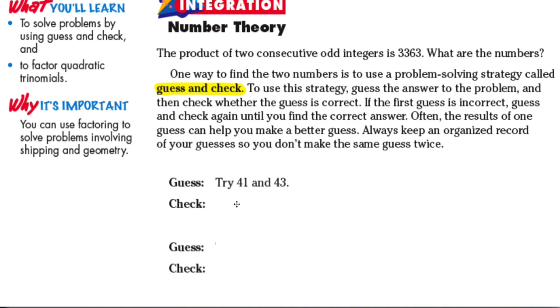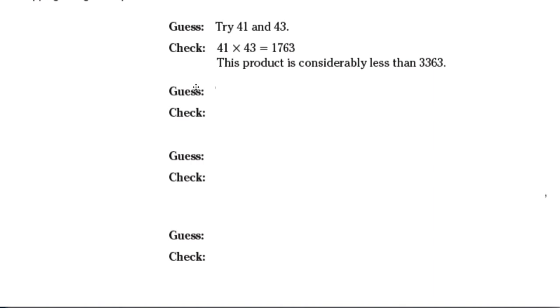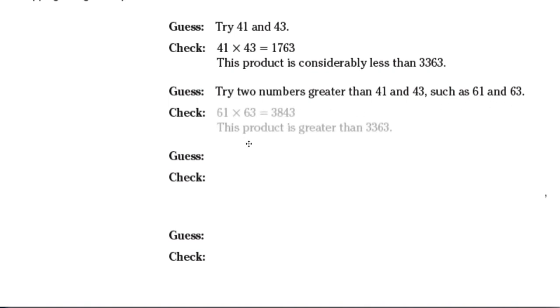We try 41 and 43, and the product of these two is 1,763. That is less than what we want, 3,363. So we guess something higher, 61 and 63 this time. And then we get 3,843, which is now greater than what we want, 3,363.